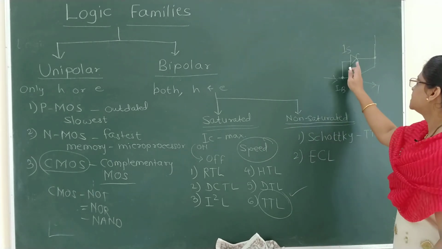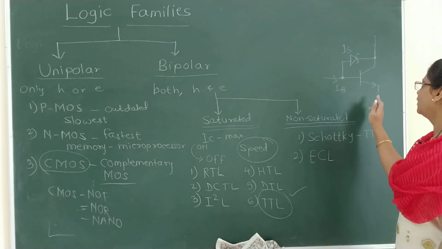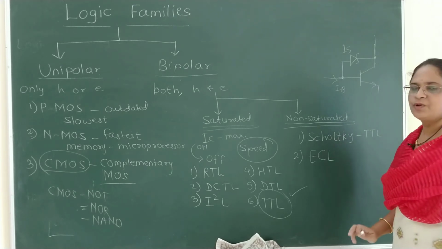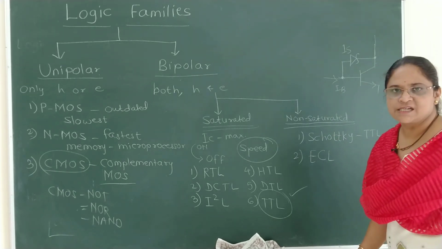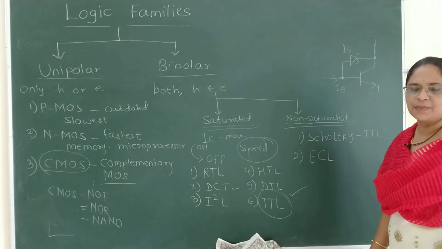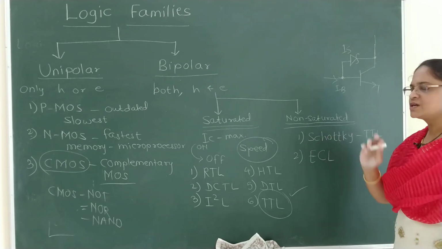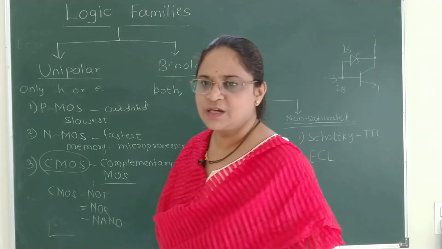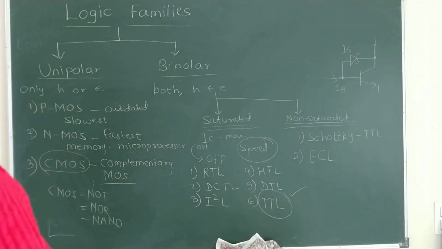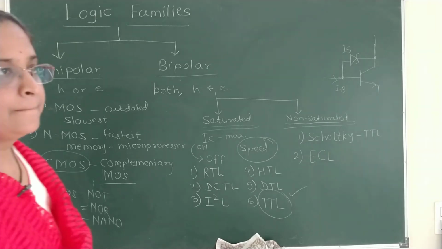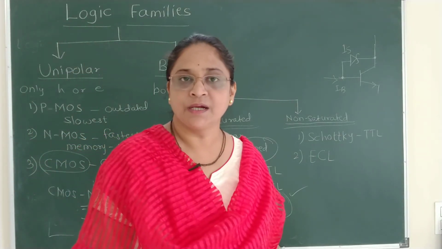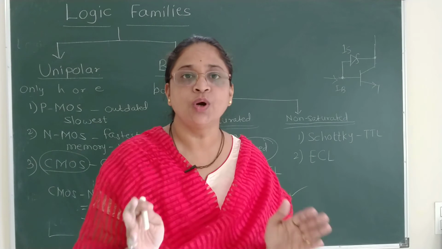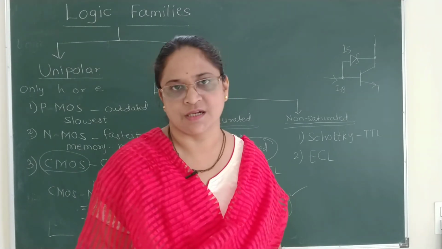So if this Schottky diode is used along with the transistor, then this logic family is known as Schottky TTL. And in the case of emitter coupled logic, it also doesn't allow the transistor to enter into the saturation region. So we are going to study different types of logic families, but basically we should know what the different parameters are that have to be compared when we are comparing two ICs or two different logic circuits.